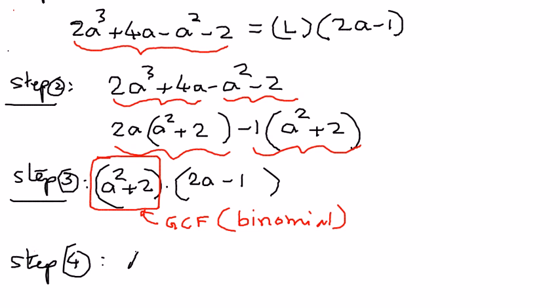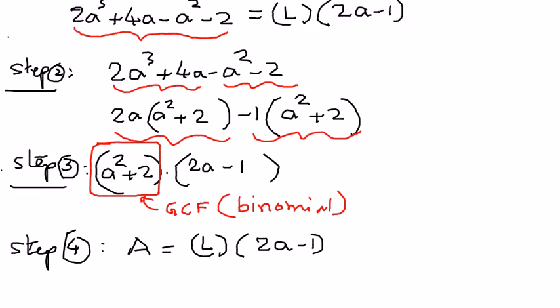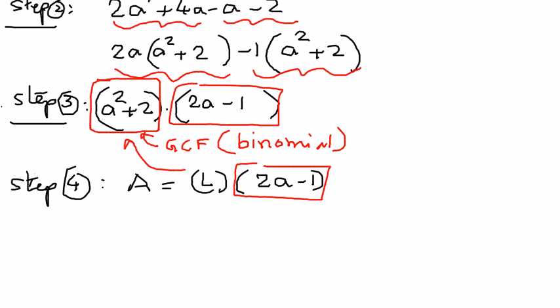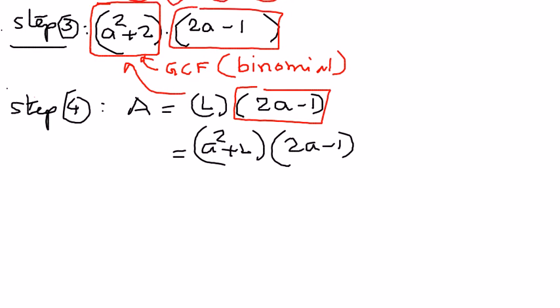Therefore, the area of the rectangle is going to be the long side times the short side, which is 2a minus 1. As we can see here, we have 2a minus 1 here, which is this, and the length is this one now. Therefore, we can come back here and write this as a squared plus 2 times 2a minus 1. Those are the two sides.